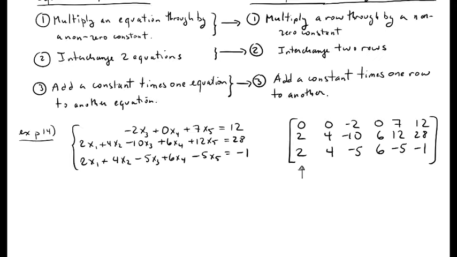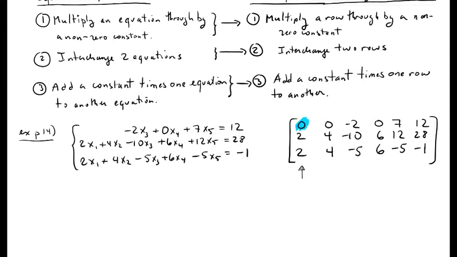Step 2, interchange the top row with another row if necessary to bring a non-zero entry to the top of the column found in step 1. So what's the top of that column? It's this entry here. What we want to do is make this into a 1.